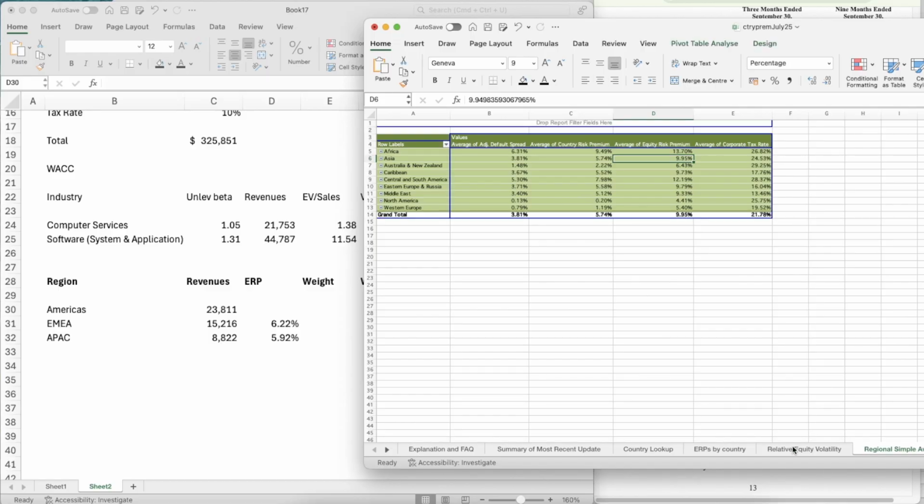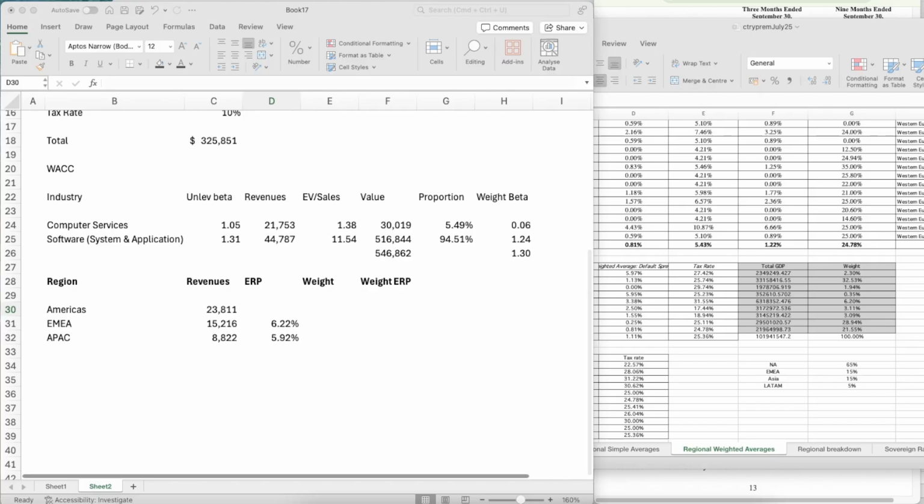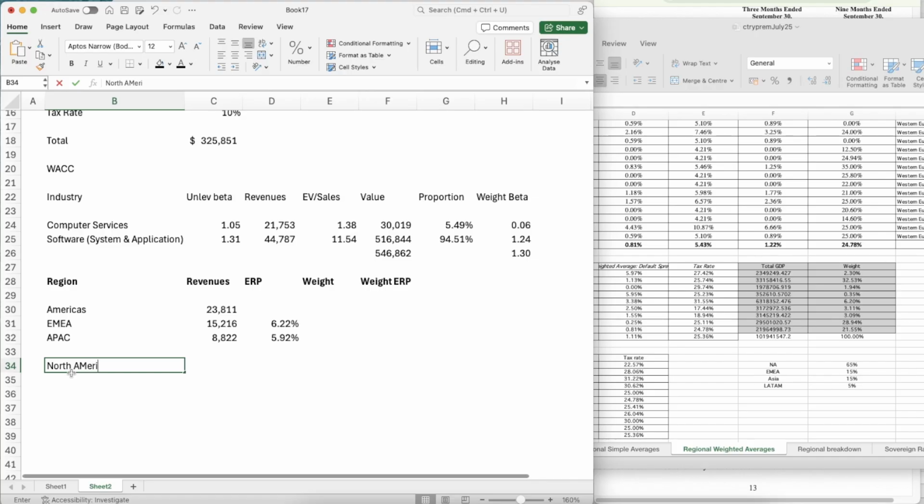No, we want the weighted average. What we'll say then is North America is 80% of America's revenue. No, we'll say it's 85%.